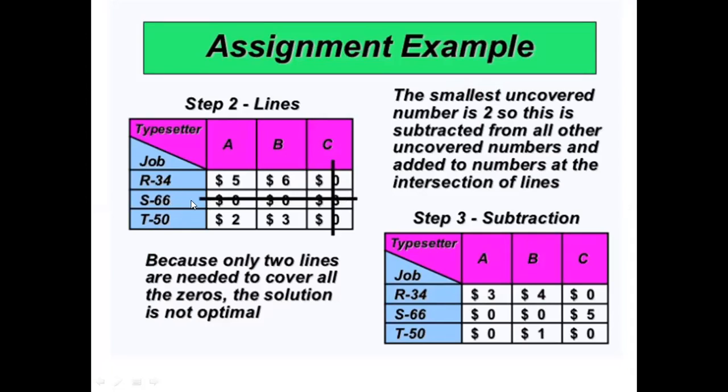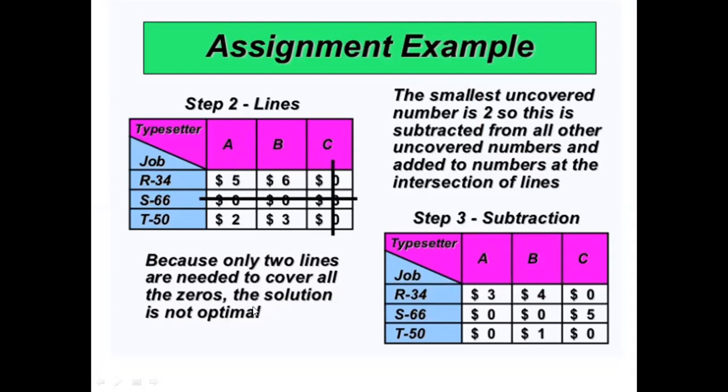We make a line here and a line here. And then we have to count the number of lines, and then count the number of rows or the number of columns. In this case, we have 3 columns, or 3 rows.